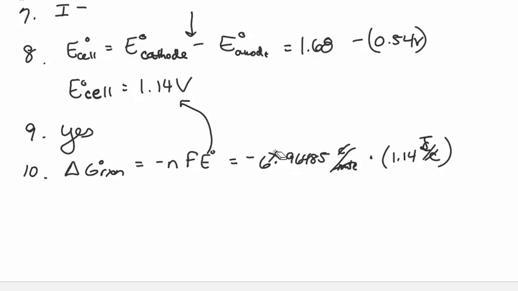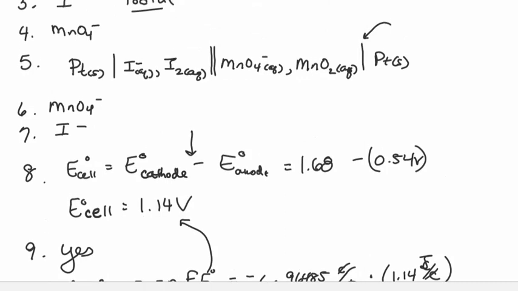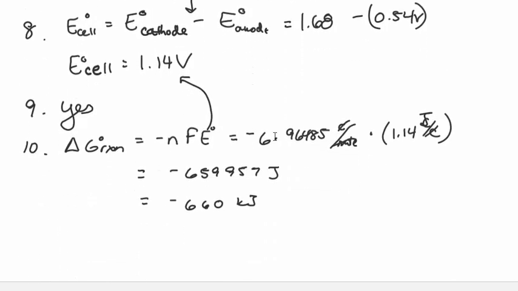So then we're left with joules. So when we calculate this out, we get a negative 6.59957, and that's in joules. It would be easier if we wrote that in kilojoules. Now that's 2 significant digits. I think we should probably have 3 sig figs there, so scientific notation would take care of that.